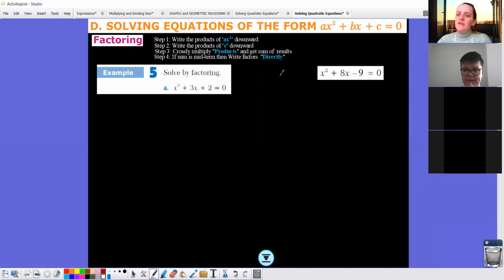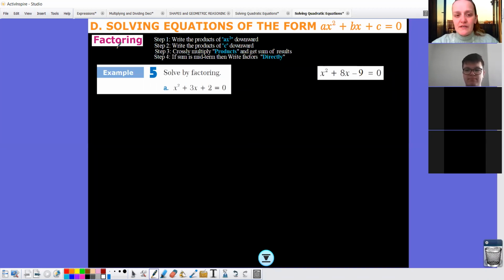We will have three different ways: factoring, the quadratic formula, and completing the square, when you have ax squared plus bx plus c. The first method is the factoring method. For me, this is the easiest one, and if I have the chance, I use only this way to solve. I hope that you will understand the logic of it and it will be very simple for you.